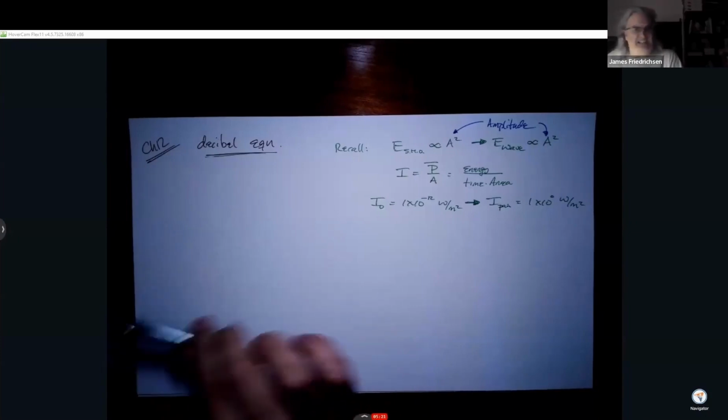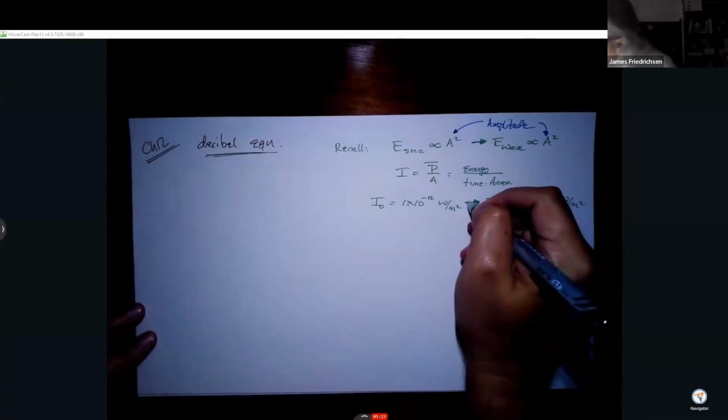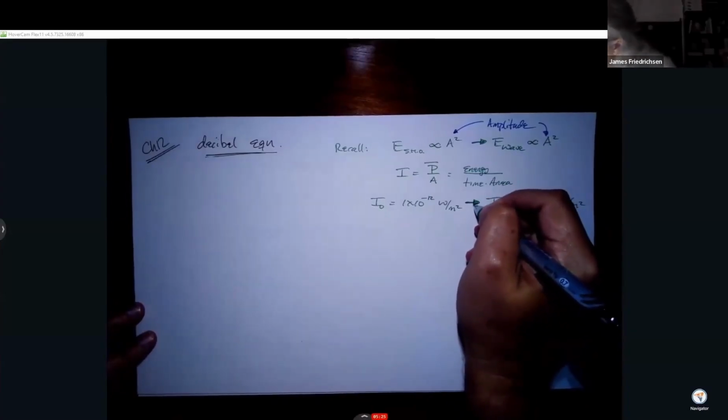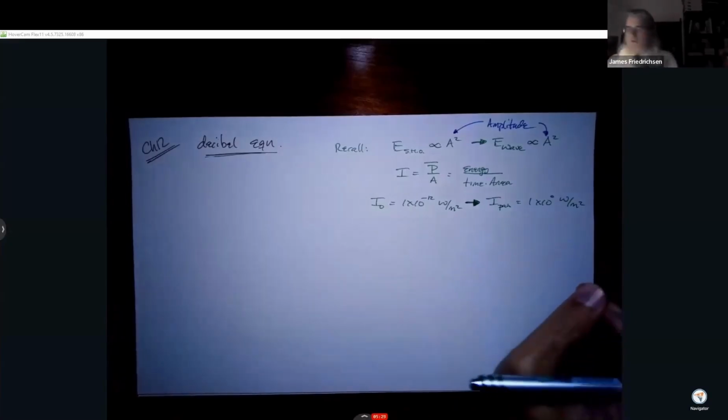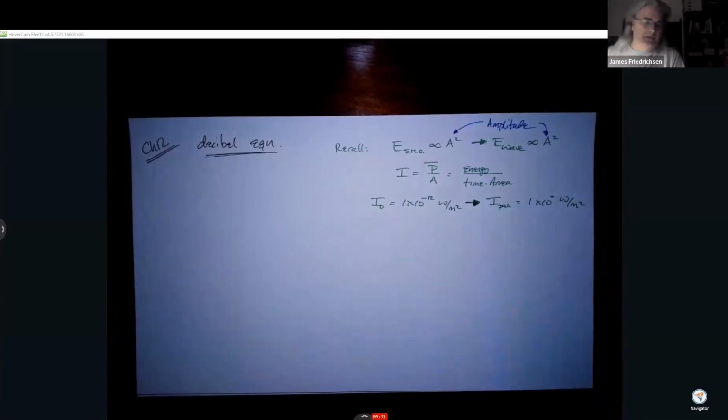But this is usually how high we talk about it in terms of remaining as sound at that stage. Okay. And 12 orders of magnitude is very difficult to envision. Our brains just don't readily picture things that are that different in magnitude.